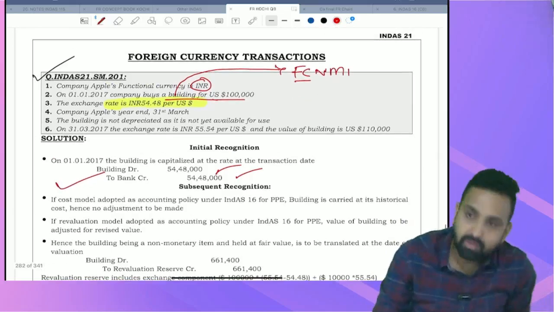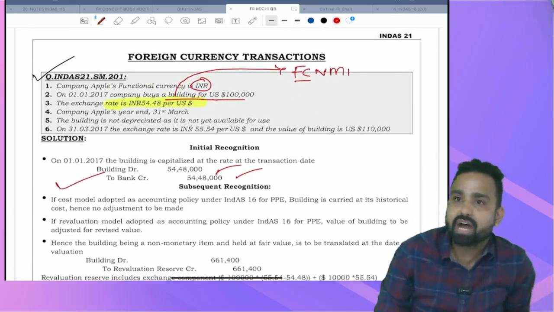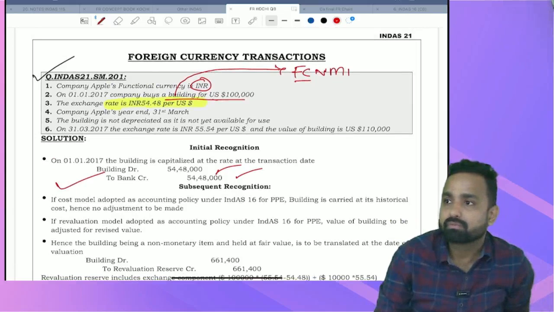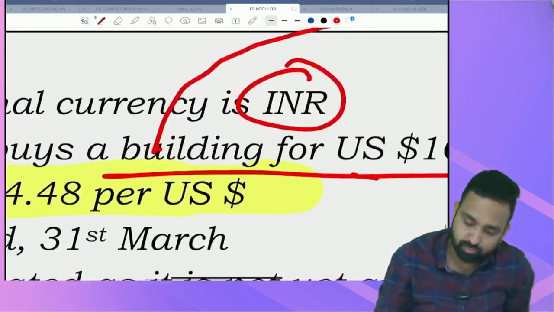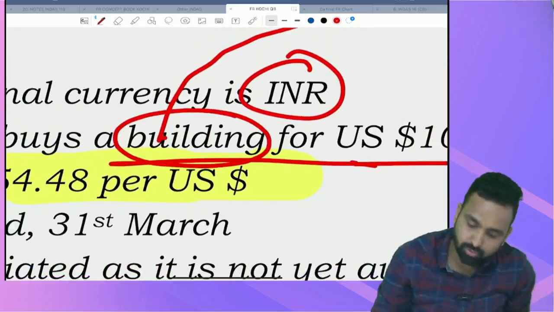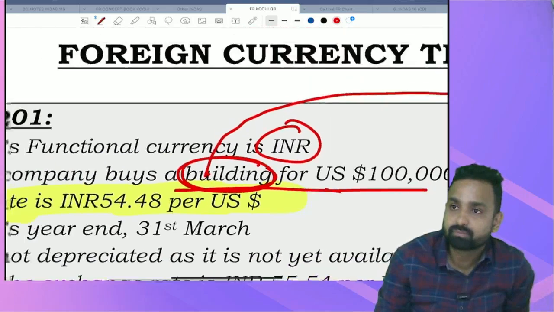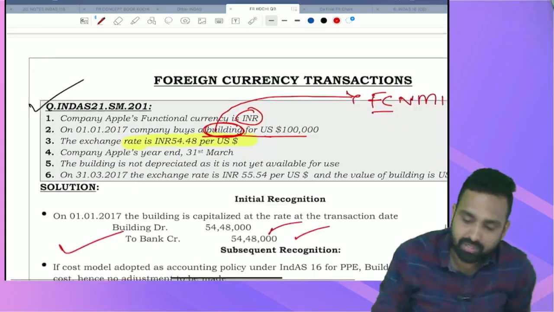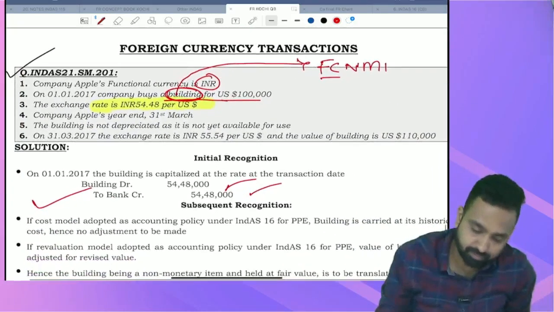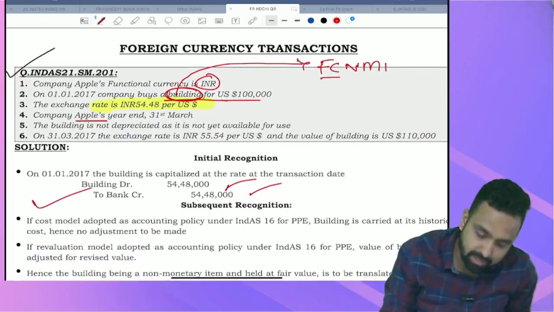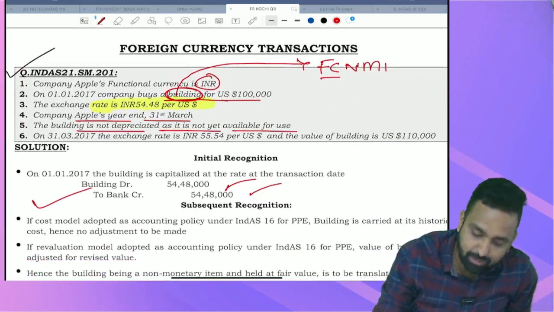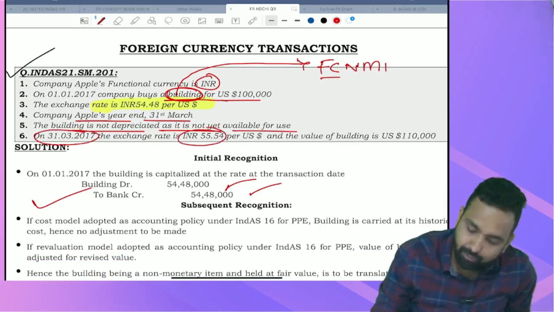Okay. Tell me, what does Ind AS 21 ask of the building? What is your measurement rule? Read the question first and then decide. Company Apple's year end is 31st March. Building is not depreciated as it is not yet available for use. On 31st March 17, the exchange rate became 55.54 per dollar.